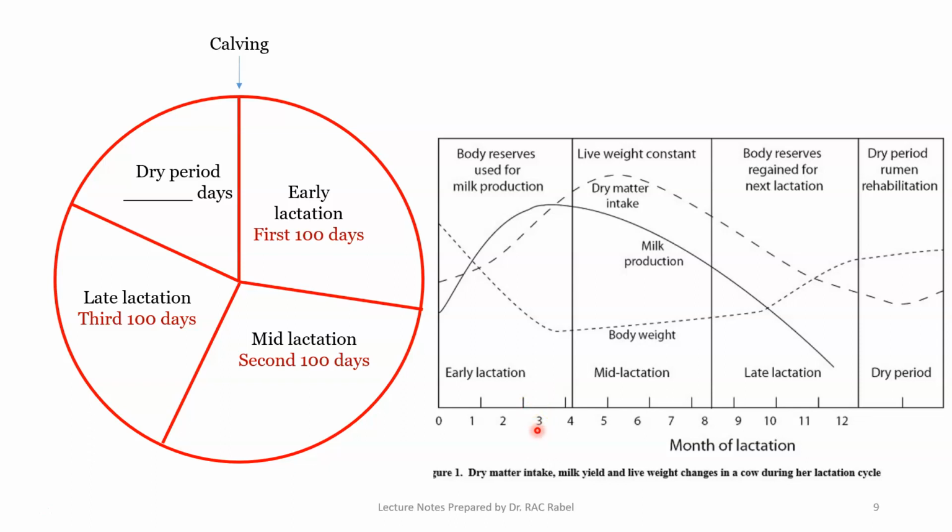So according to this graph, peak lactation takes place somewhere around 2.5 months. 1 month, 2 months, 2.5 months, which is like 10 weeks, 8 to 10 weeks, right?